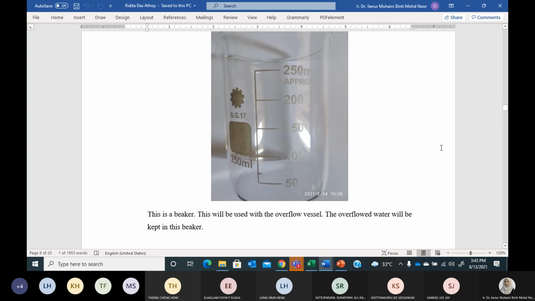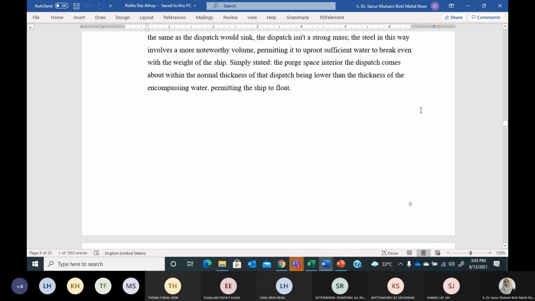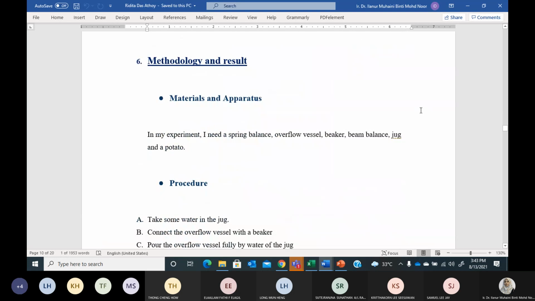I'm not sure if Daiso has it or not. This small one will be used in the overflow vessel. You can find it maybe in a DIY or hardware shop. But since now it's closed, you try to search in Shopee or Lazada. Okay, but maybe at the moment you just research about the thing only.